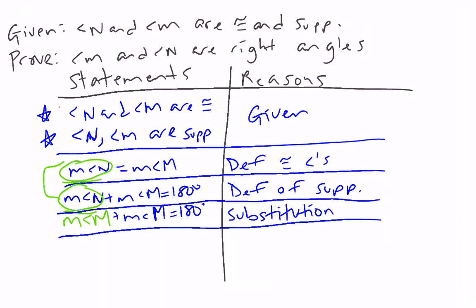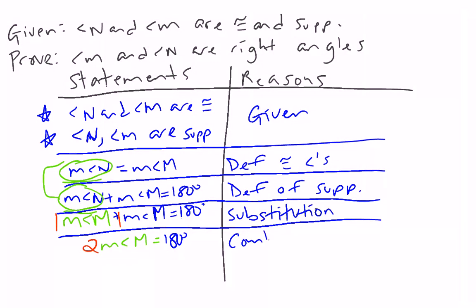Now, it looks like you have a hot mess on the left, but notice this is really one measure of angle M plus one measure of angle M, which gives me two measures of angle M equals 180. So that's just simplifying, or combine like terms.